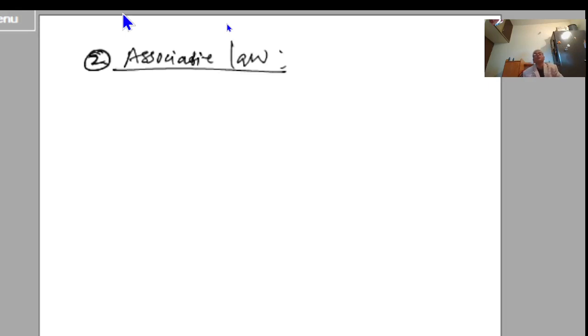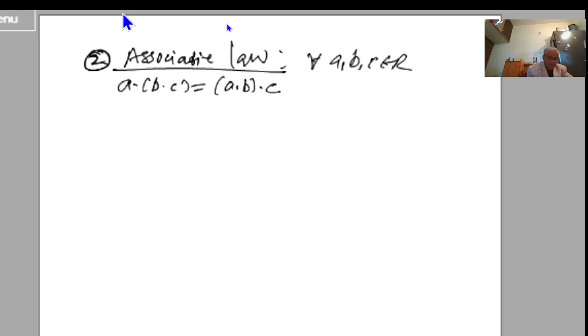This is with respect to multiplication, because the associative law with respect to addition is already satisfied, because R is a group with respect to addition, right? The associative law is: for all A, B, C belongs to R, A dot (B dot C) equals (A dot B) dot C, or simply we write this as A(BC) equals (AB)C. Okay, this is the associative law.